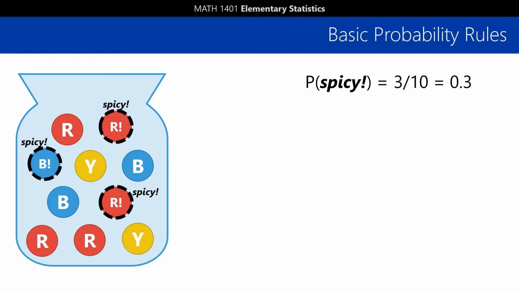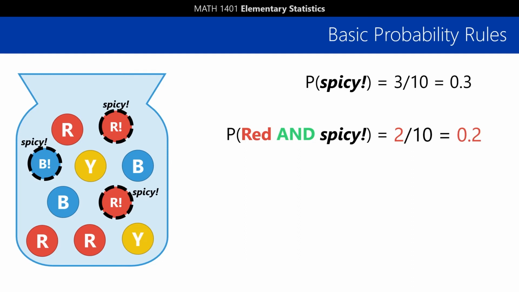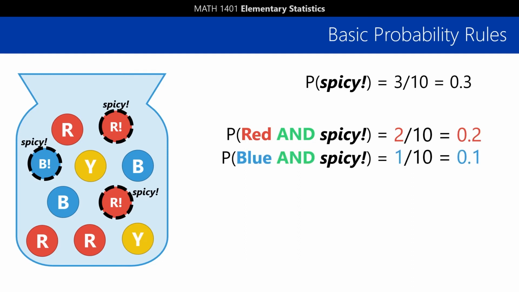We could ask, what's the probability that a randomly selected gumball is both red and spicy? Well, out of our 10 gumballs, exactly 2 of them are both red and spicy, so the probability is 2/10, or 0.2. Likewise, there's only 1 blue spicy gumball, so the probability that a random gumball is blue and spicy is 1 out of 10, or 0.1.